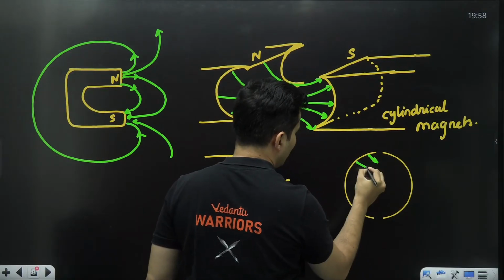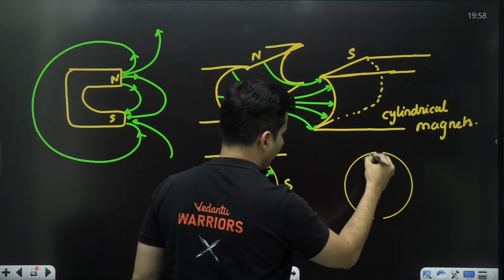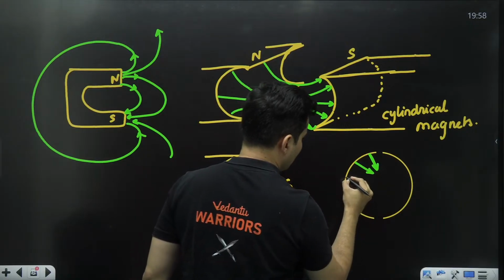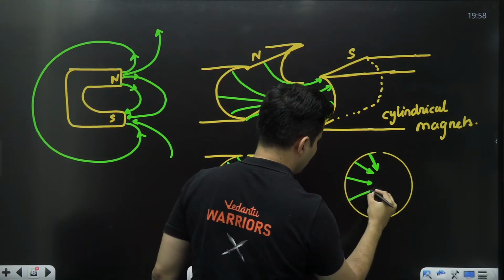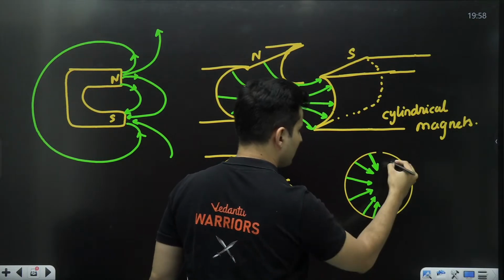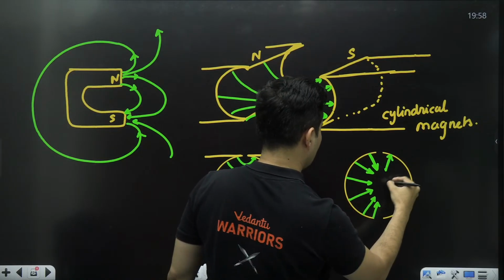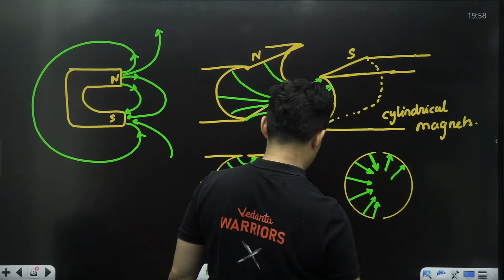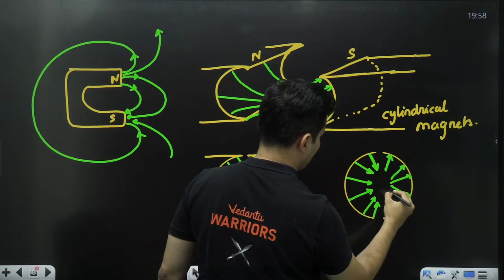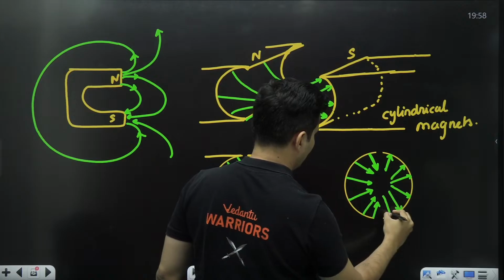it feels as if the magnetic field lines go here, observe this now, go like this, go like this, go like this, and they come back over here, probably they come back over here, over here, and of course over here.